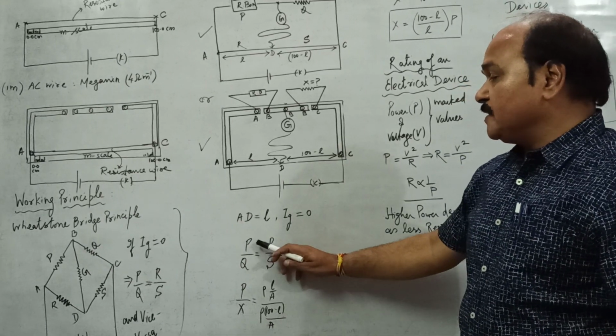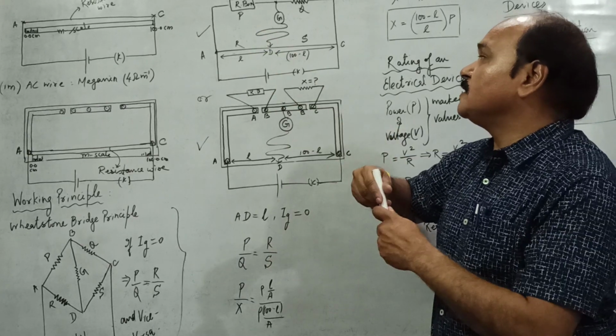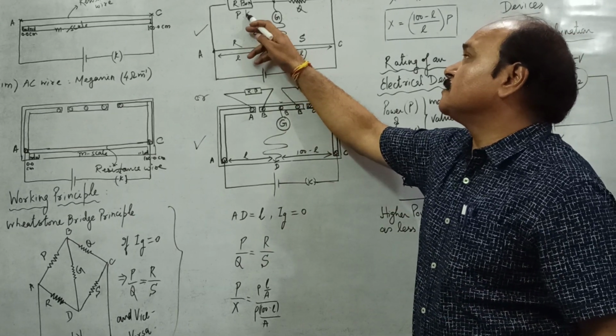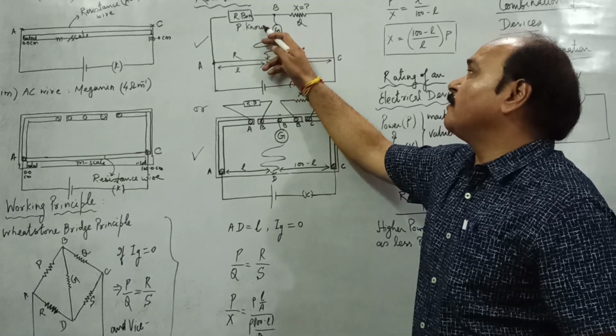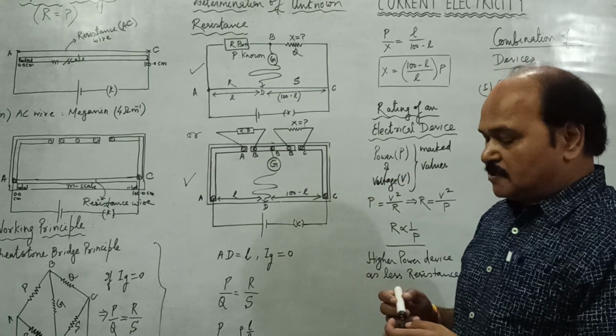So P by Q: P is a known value of resistance. We know it because we have applied it with the help of a resistance box.